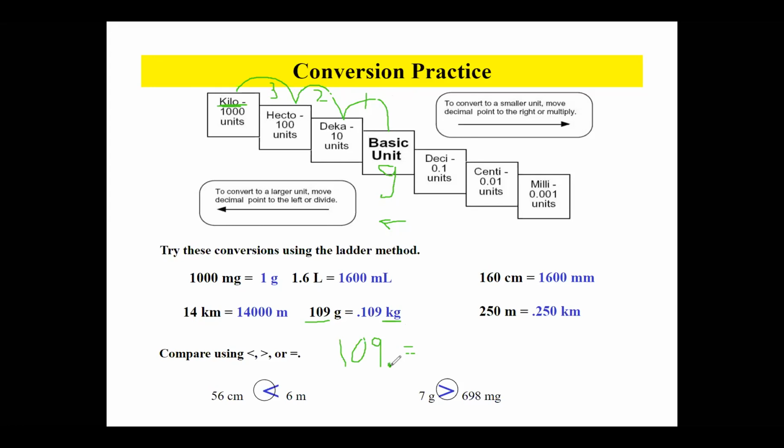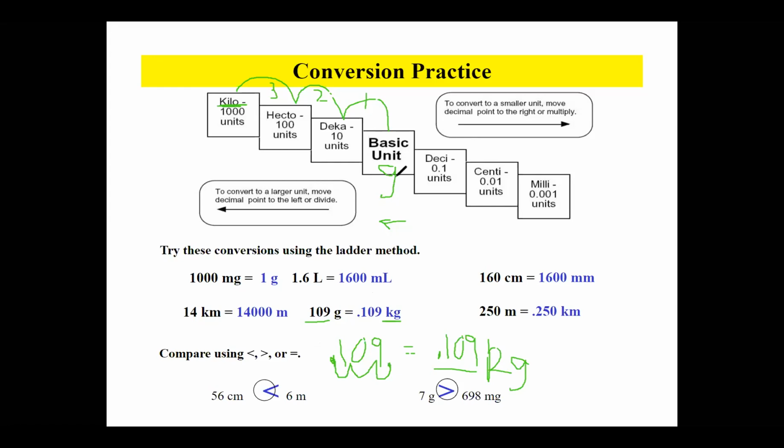If we take our decimal point 1, 2, 3 spaces to the left, now our decimal is in front of the 1. So we have 0.109. Indeed, 109 grams is equal to 0.109 kilograms.